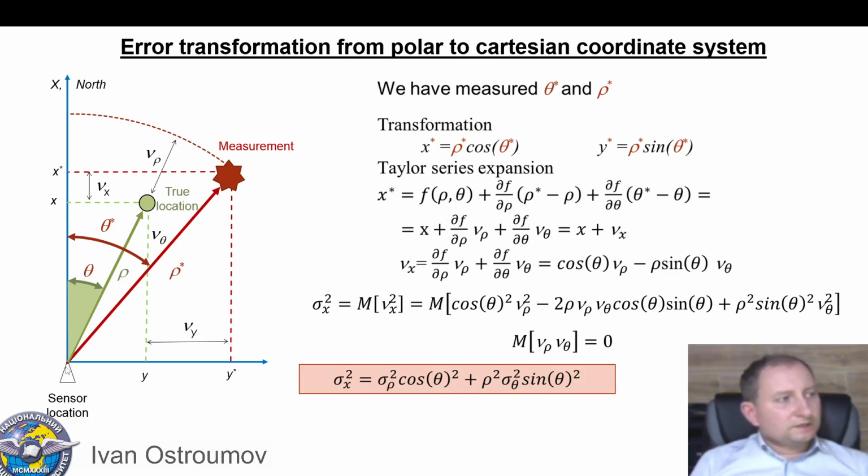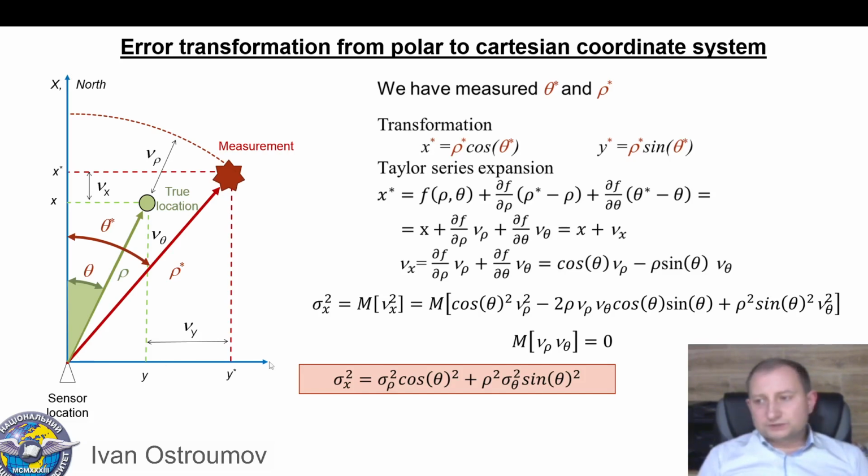In my case, I use as radar an example, and in this case I directed x-axis to the north, which is associated with the center line of this radar, and y-axis will be directed to the east.